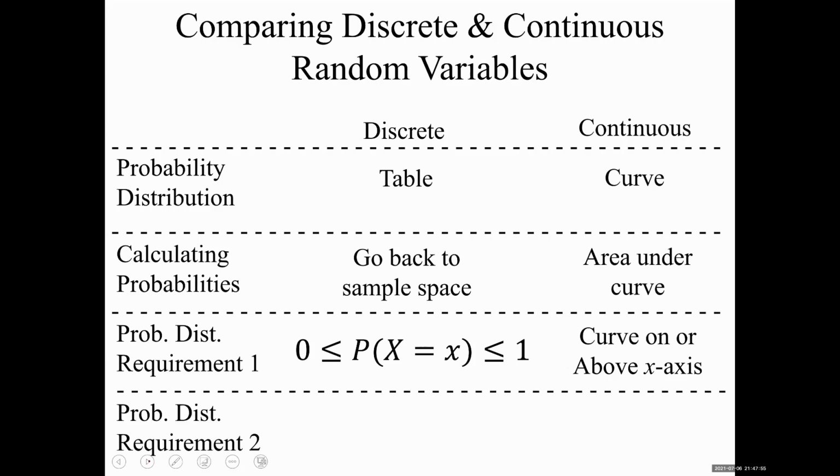Let's go to the second requirement. For a discrete random variable, if you add all the probabilities on the right side of the table, you get what? If you add them all up, you get 1, right? That's for a discrete random variable. For a continuous random variable, that translates to: if you find the area under, finish my sentence, area under what?